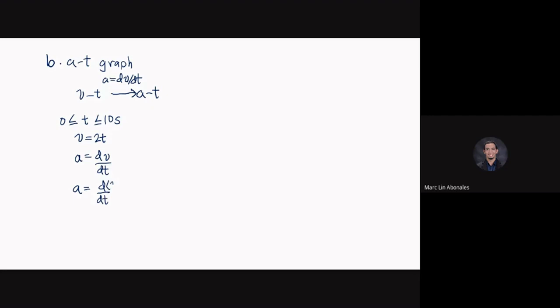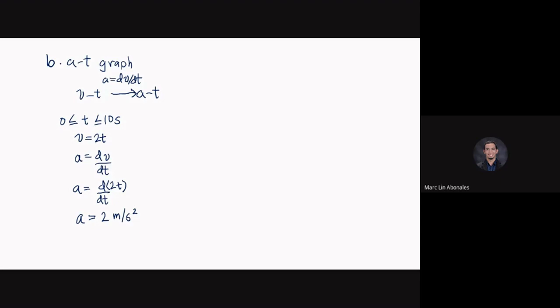Then the v will be substituted with 2t. So unsa man nato ang acceleration? What is the value of our acceleration? Derivative sa 2t with respect to time. That will be 2. So it has a constant acceleration, so 2 meters per second squared.